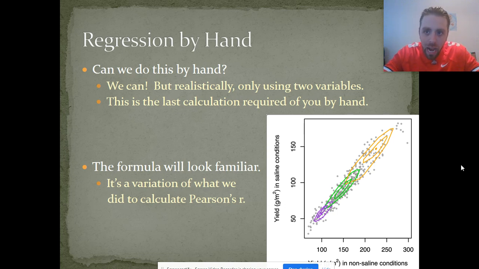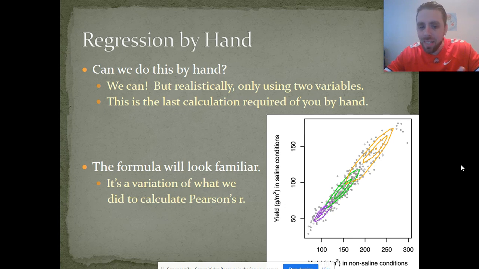So this is good. I was very pleased, and I mean very pleased, with how people did on the homework and handled the process of the math for Pearson's correlation coefficient. That's good. You don't want to mix up the formulas here, but you do want to use the experience you got calculating Pearson's r and apply that to the summations of X, Y, and all sorts of other stuff in order to get our hands dirty with this.